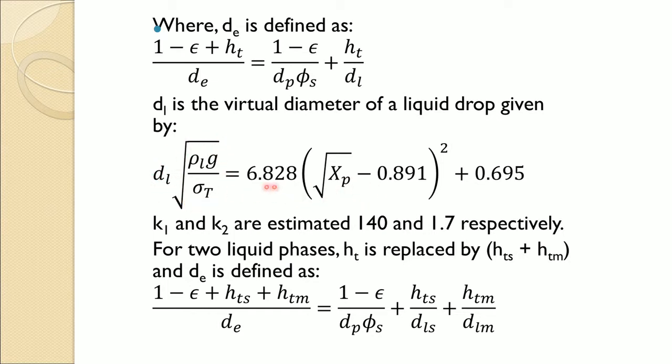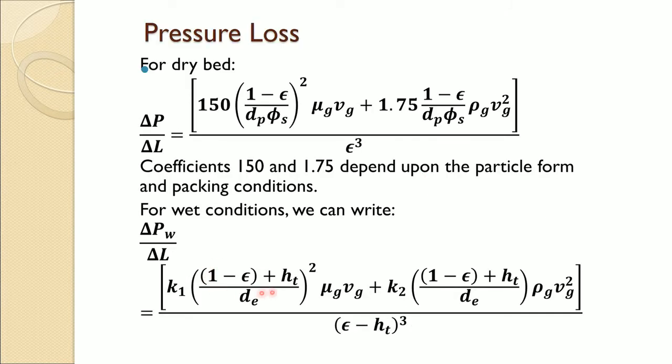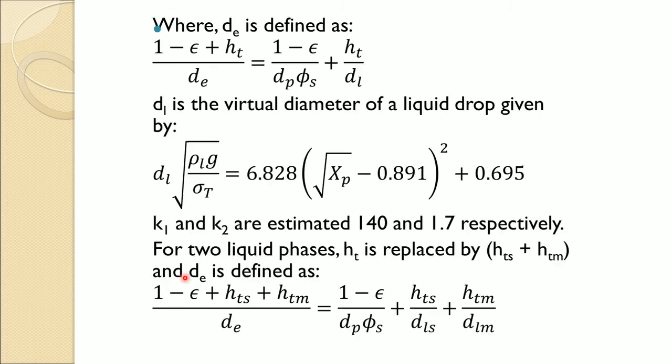Once you know these properties, you can easily calculate it. So, K1 and K2 in the wetting condition, liquid flow condition, while in the dry condition it is in this one, were estimated at 140 and 1.7 respectively.